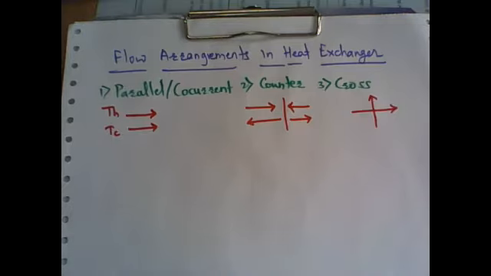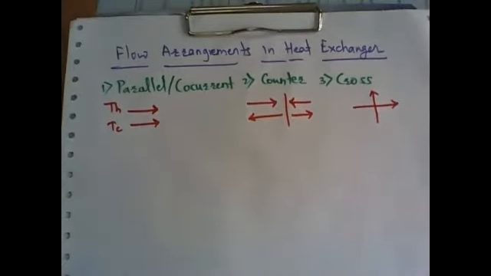In industry, if you observe the data, counter current and co-current heat exchangers are mostly used. If you observe the performance of the co-current and counter current arrangements, the experimental or historical data clearly proves that the counter current arrangement is more efficient than co-current.